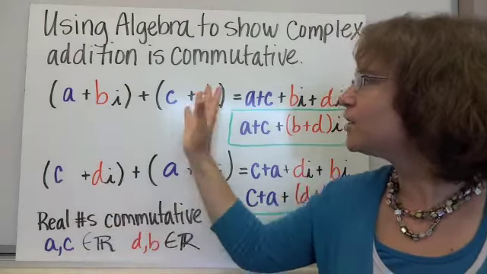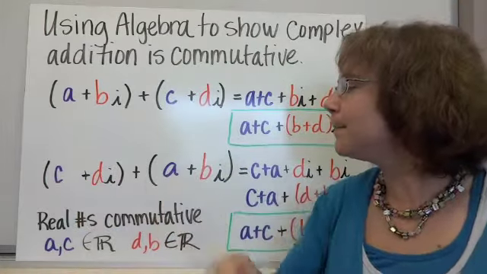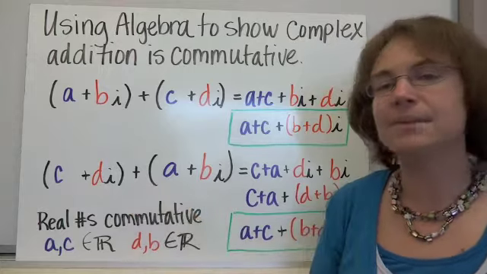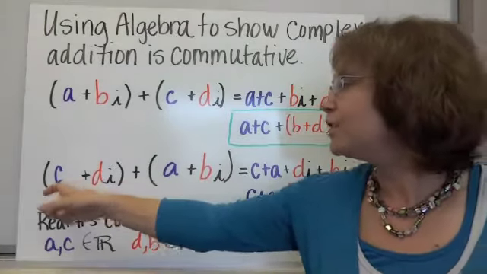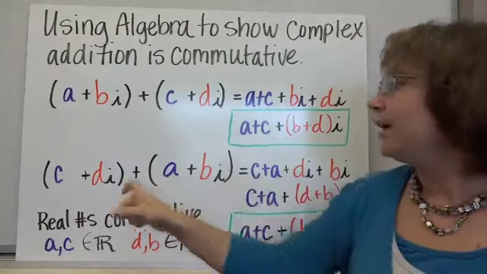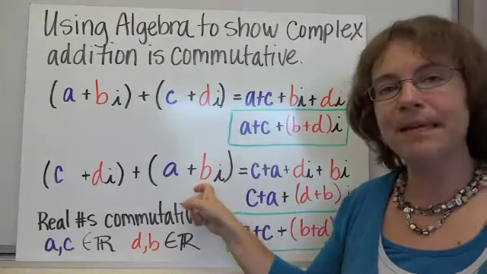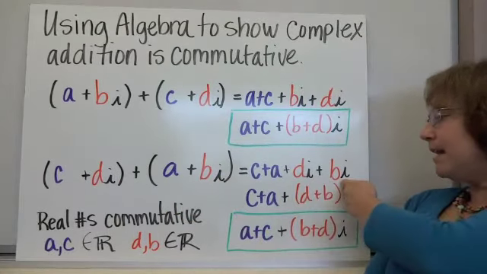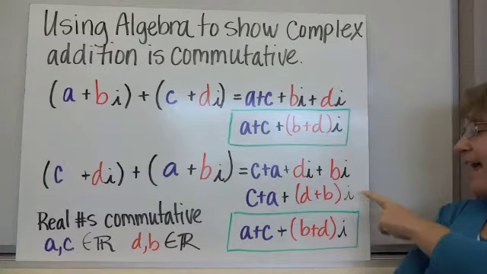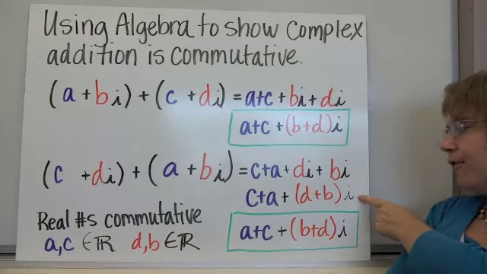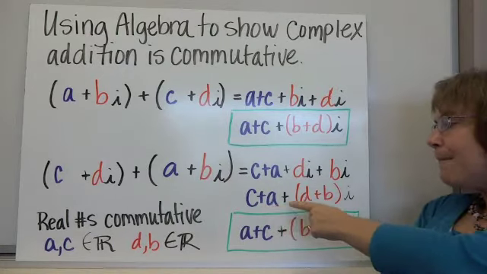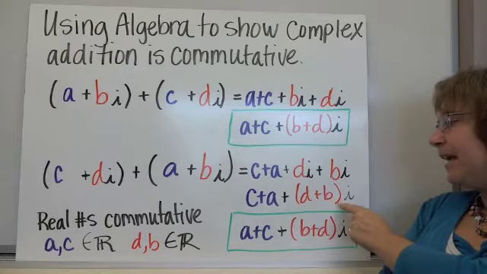So now let's reverse them. Let's do c + di plus a + bi. All right, so we're going to do c plus a, and we're going to do di plus bi. Again, we're going to factor out that i. So if we factor out the i over here, we have (c + a) + (d + b) times i.